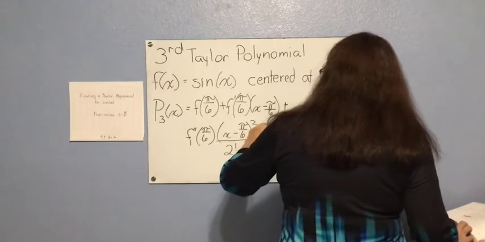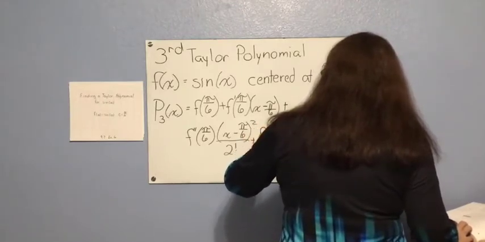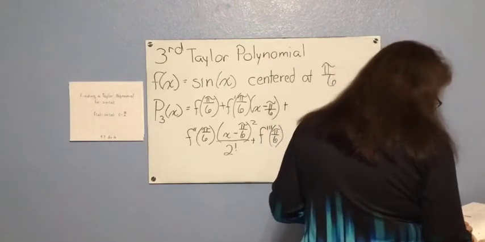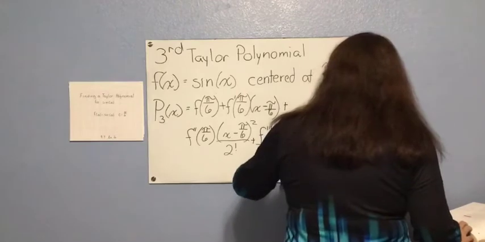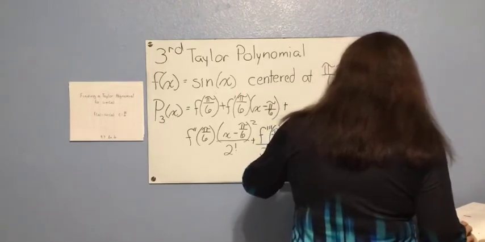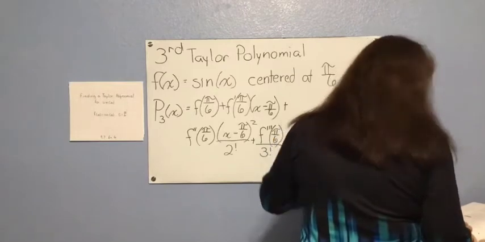And then our third derivative would be over 3 factorial and have x minus pi over 6 to the third power.